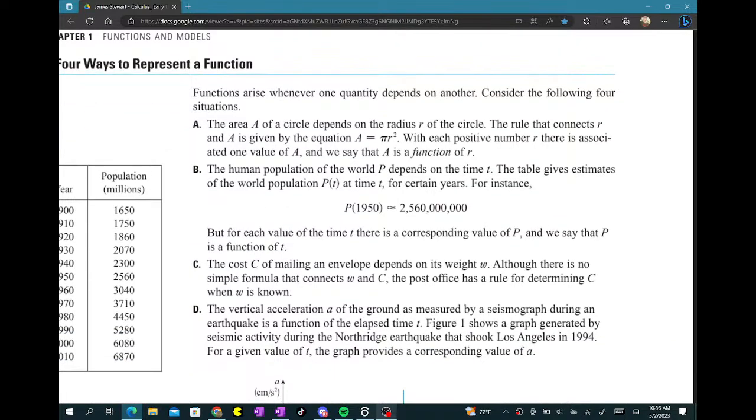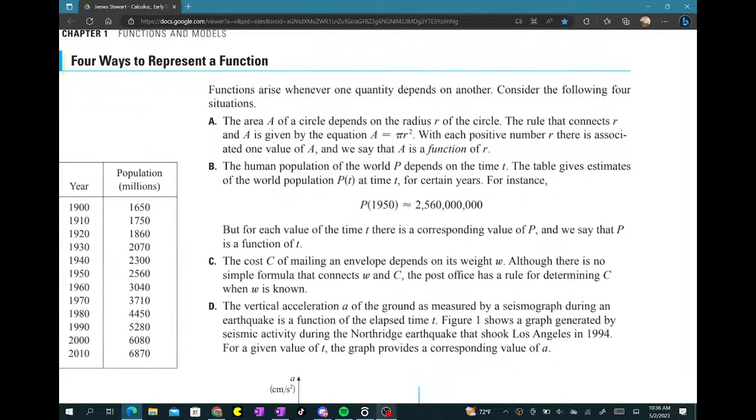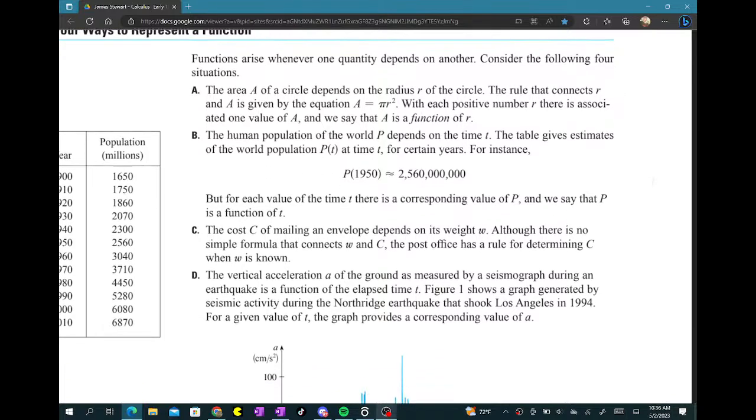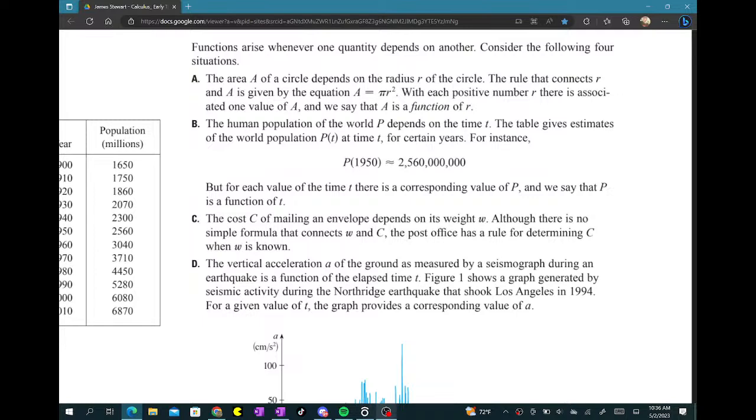So the first thing that they do, they talk about the area of a circle. Area equals pi r squared, and r is the radius, and it's positive, right? And so A is a function of r, because it's a formula, but A is the output and r is the input.